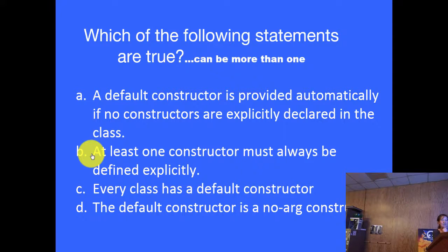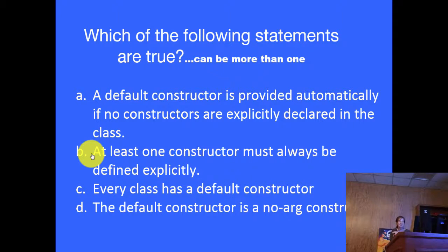That's true. If you make a constructor that's not the default constructor, it no longer will make the default constructor for you. And then the default constructor is a no-arg constructor. No argument, no parameters. Yeah, that is true.